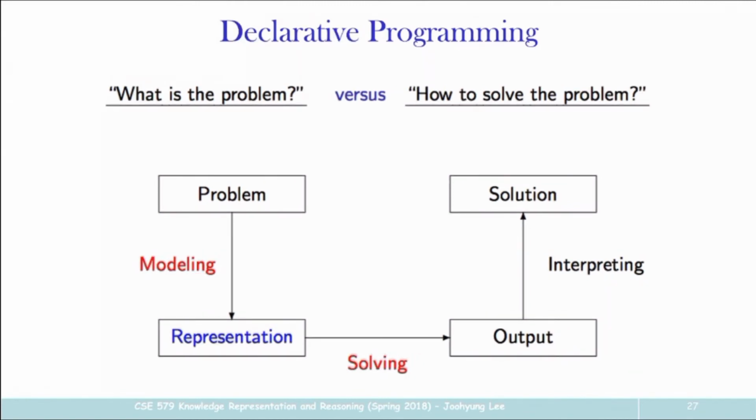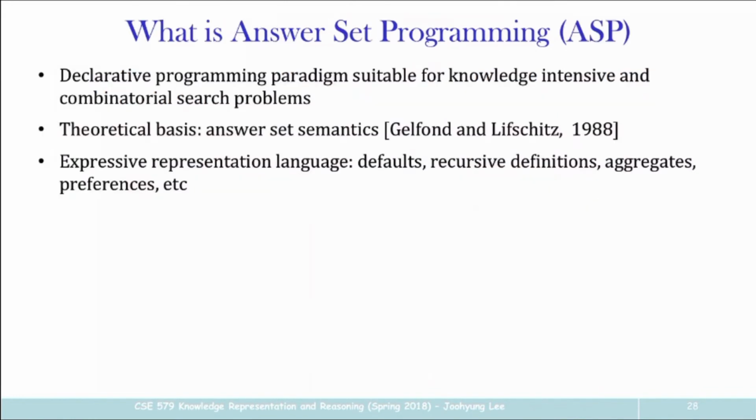In declarative programming, it is slightly different. We write something like a program, but we call it a representation, and this is called modeling. For the representation, we don't necessarily give the algorithm to solve it. It's not a step-by-step execution, so we just call it solving. It returns output, and we interpret this output as the solution.